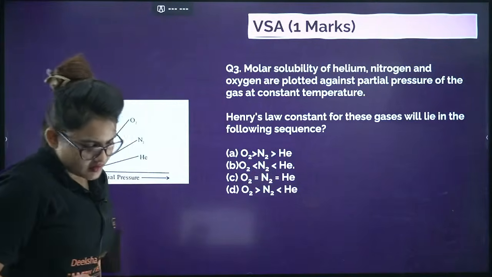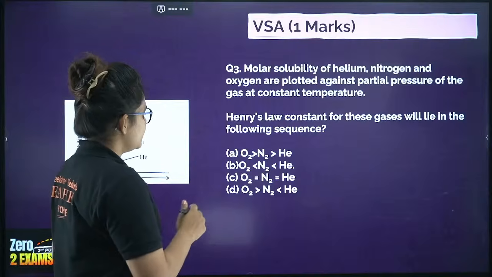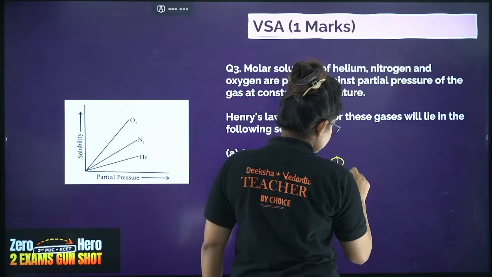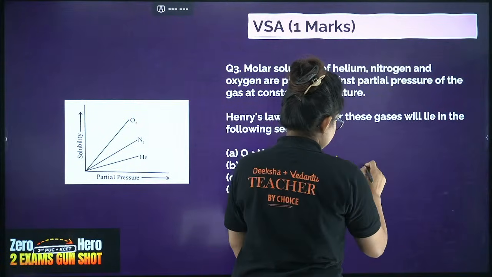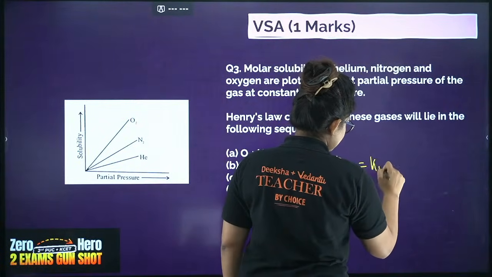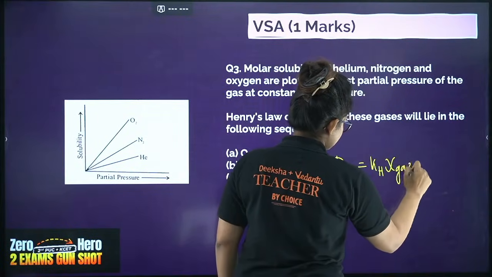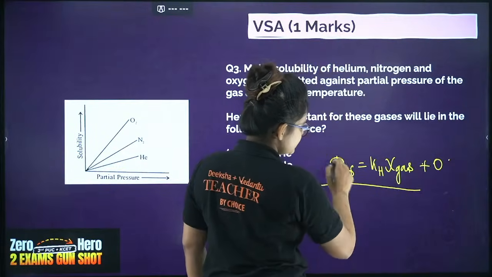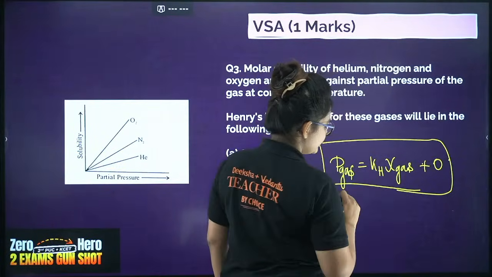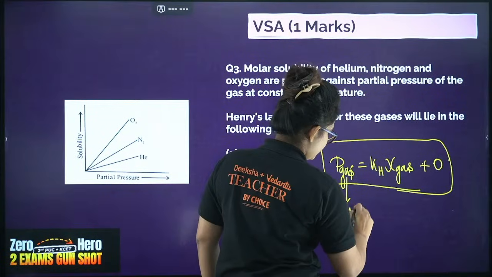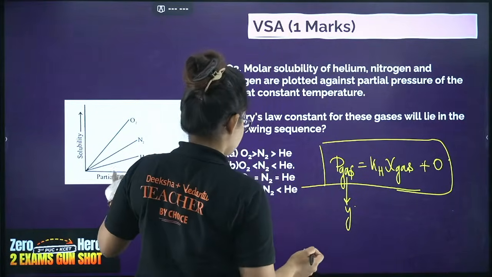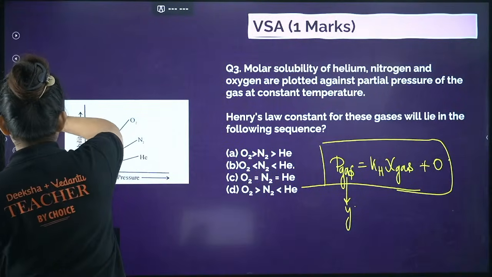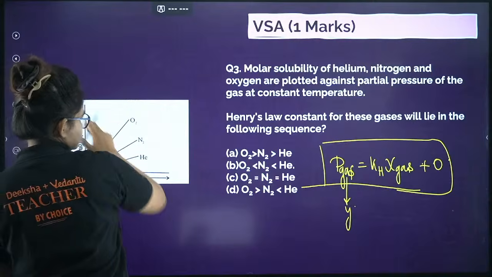Okay, so here you can see we know P of gas is basically kH into mole fraction of gas. So with respect to that, plus 0 I can do, right? So this is a straight line equation, right? So this is my Y, that is the solubility mole fraction, right? Wait, this is the X here. Okay, we can change it over there.